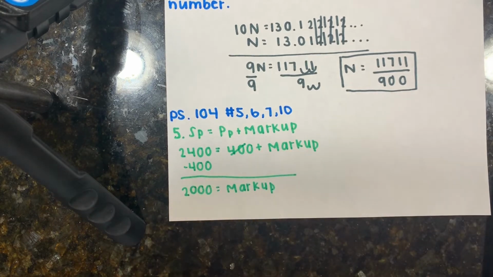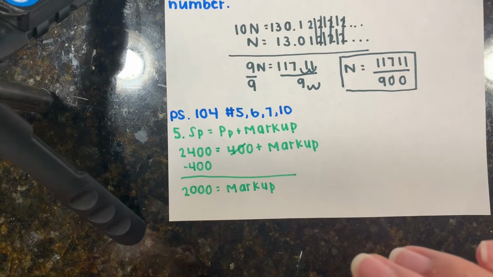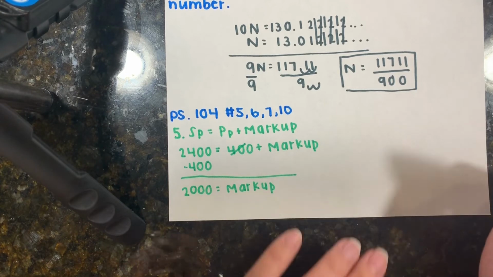Now the markup is either a percentage of the selling price or a percentage of the purchase price. So what we're going to do is solve for what the percentage of the purchase price was or the percentage of the selling price was.